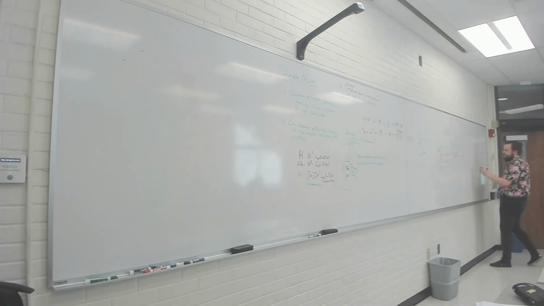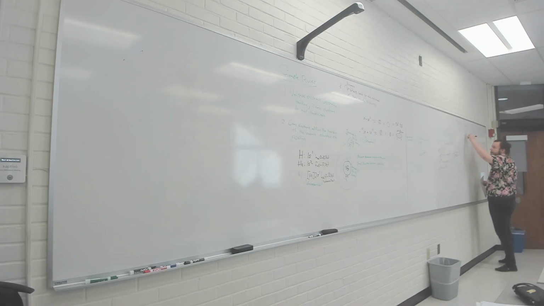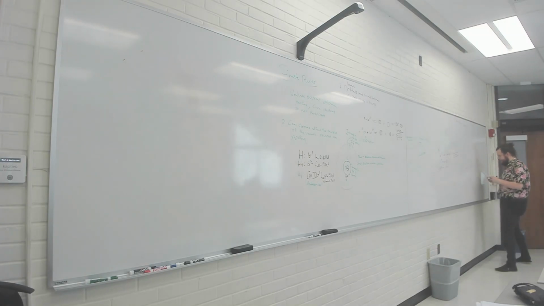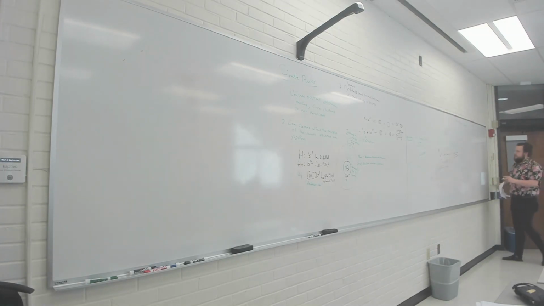So let's take the 1s orbitals of nitrogen. On my plot here, there's a minus 100. And we have two 1s orbitals. We know how these add together. These are two spheres. They add together like this.